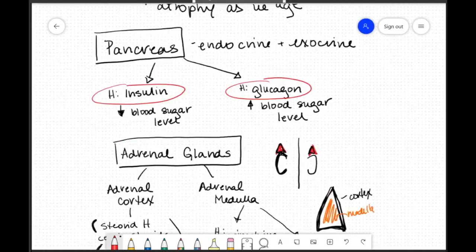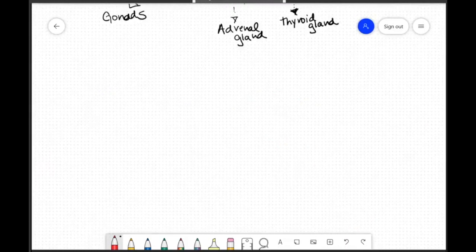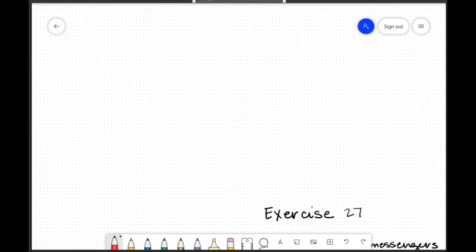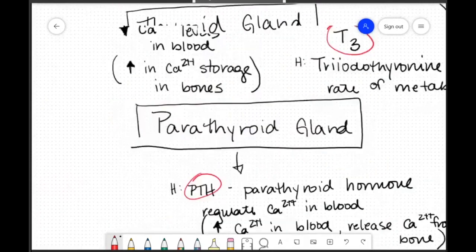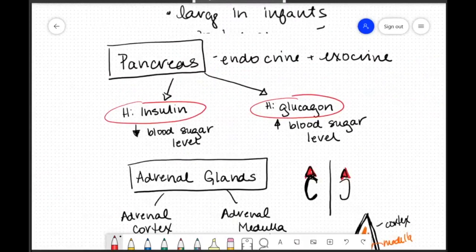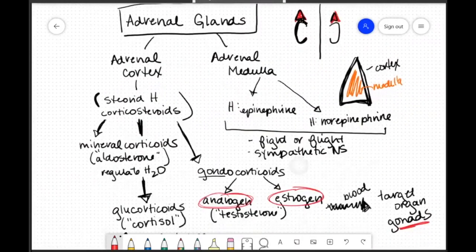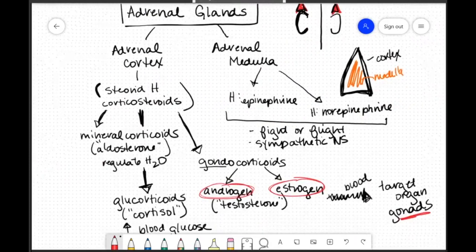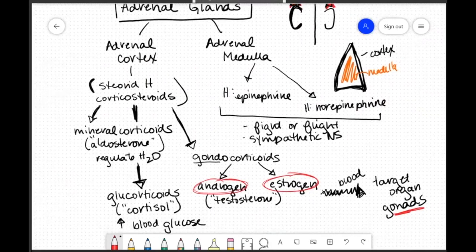The adrenal glands, which consist of an adrenal cortex and an adrenal medulla, will release hormones that are mineralocorticoids like aldosterone, glucocorticoids like cortisol, gonadocorticoids like androgen and estrogen, epinephrine and norepinephrine.